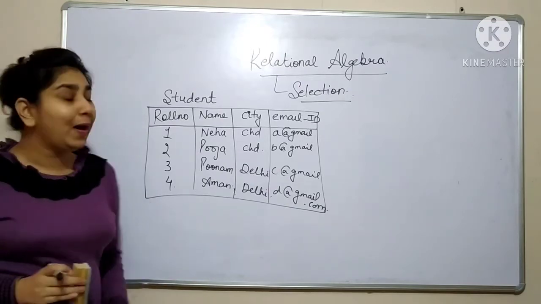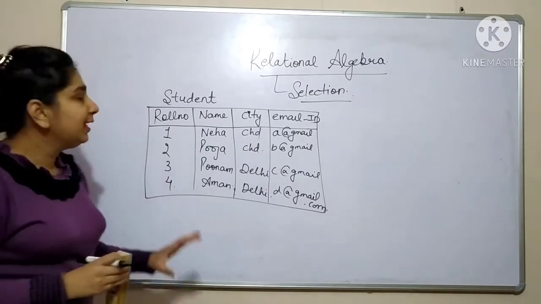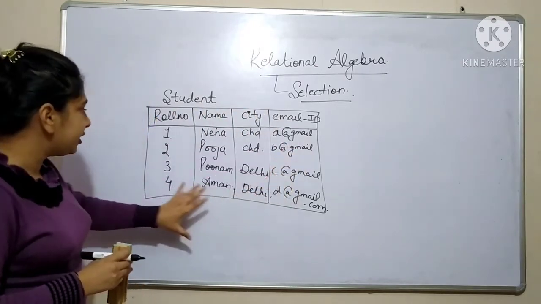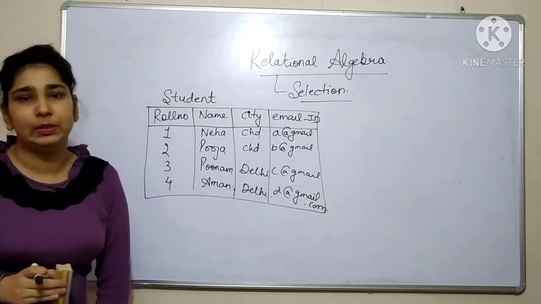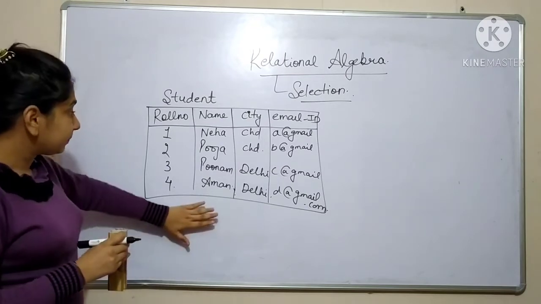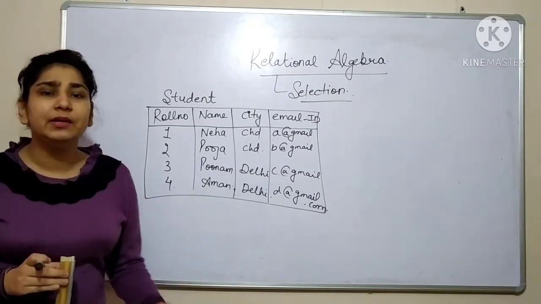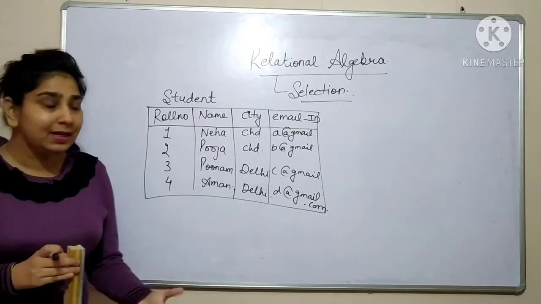Now I want to perform the selection operation on this table. What is the meaning of selection?